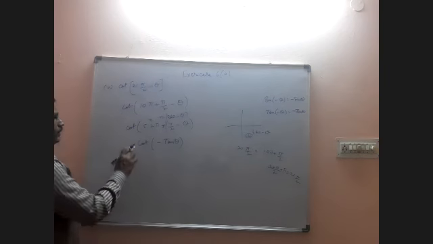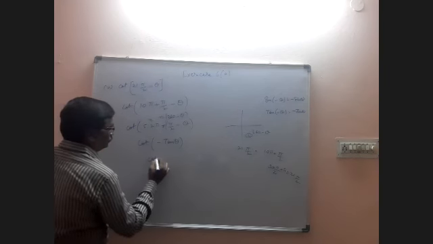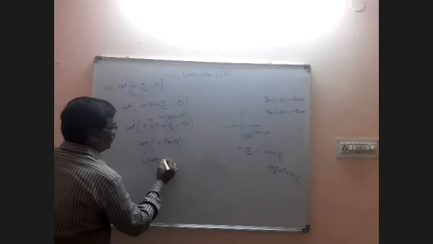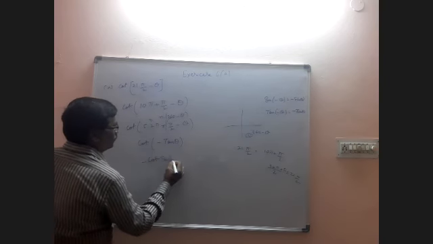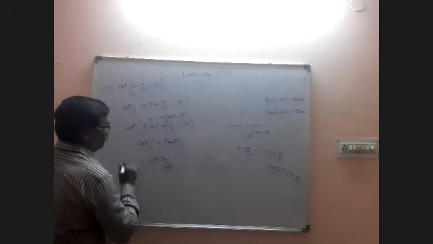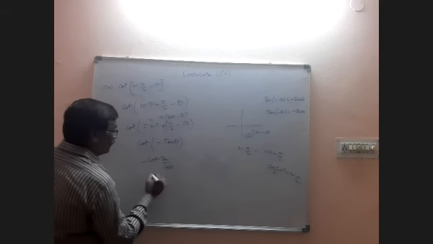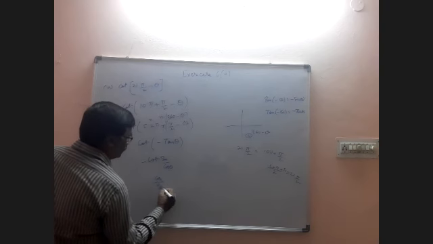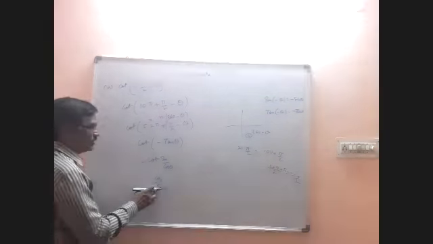Here cot theta into minus tan theta. What can we write? Tan theta is sin theta by cos theta, and cot theta is cos theta by sin theta.